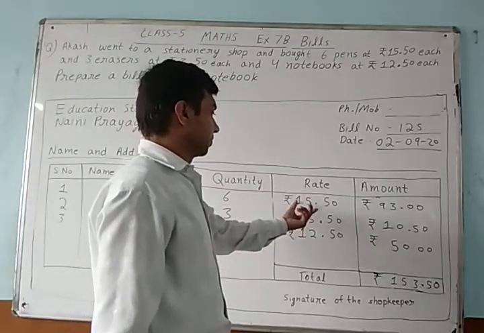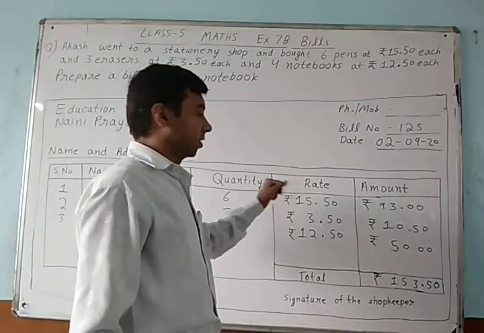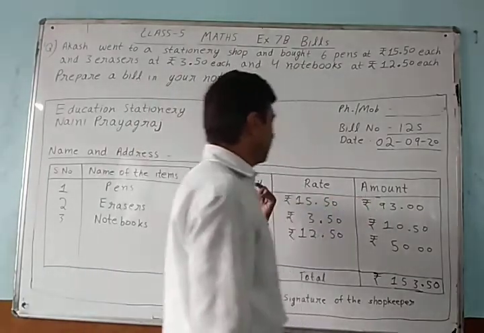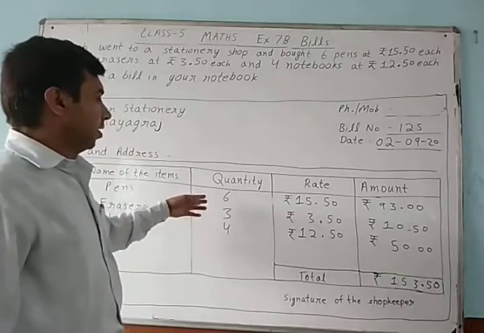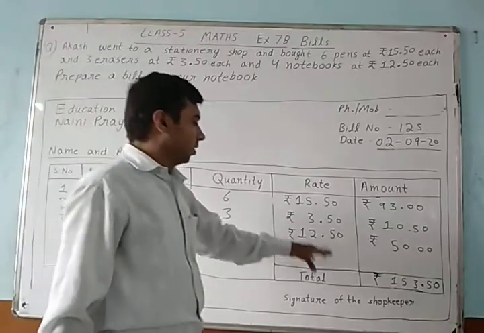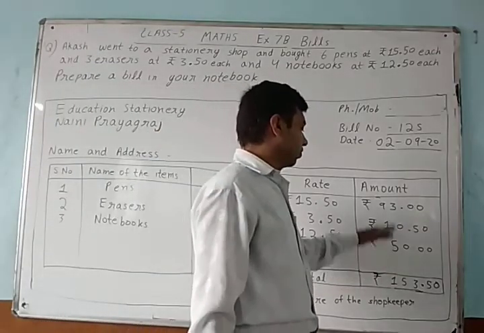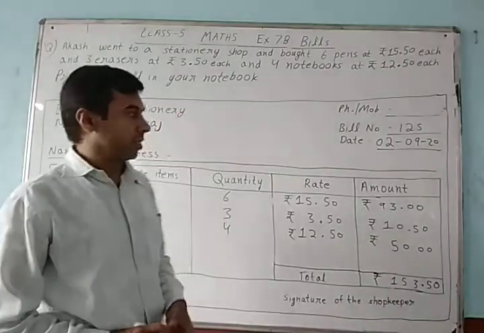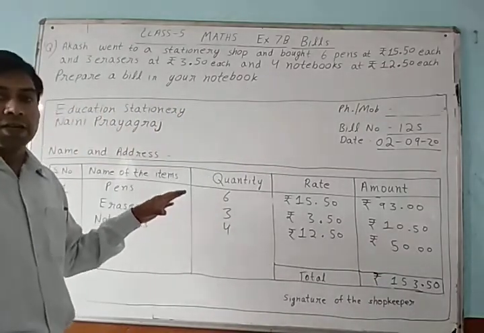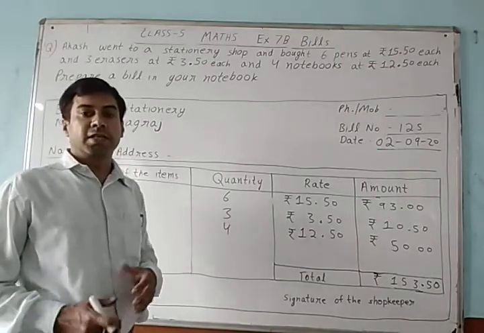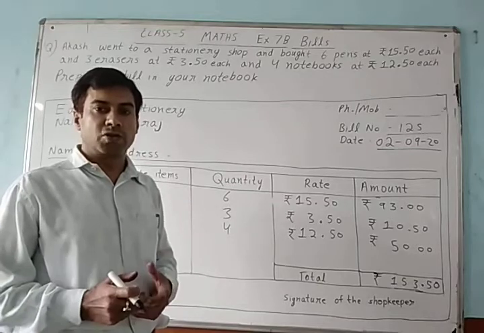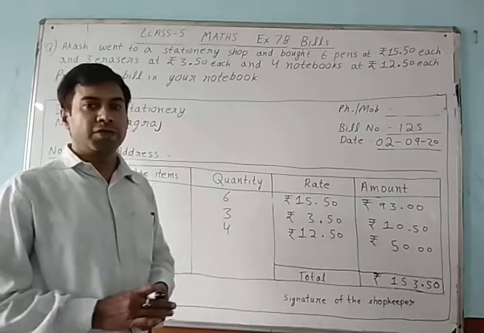Now rate per piece, clear? And then we multiply to get the total amount of that good or item. Afterwards, you will add and you will get the total amount. So see, this is a proof. If you have a bill, you can easily return or exchange your goods or item to the shop. If you have any problem, ask.